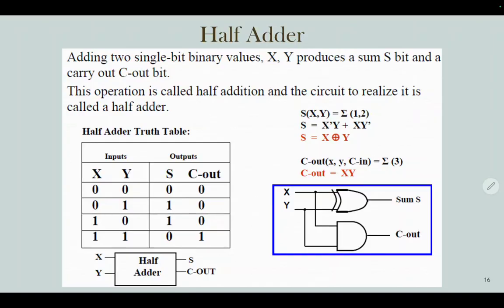So for a half adder, you have two inputs. 0 plus 0, so 0, no carry out. 0 plus 1, you got 1, no carry out. 1 plus 0 equals 1, no carry out. 1 plus 1 equals 0, carry 1. So this is how you read the half adder.